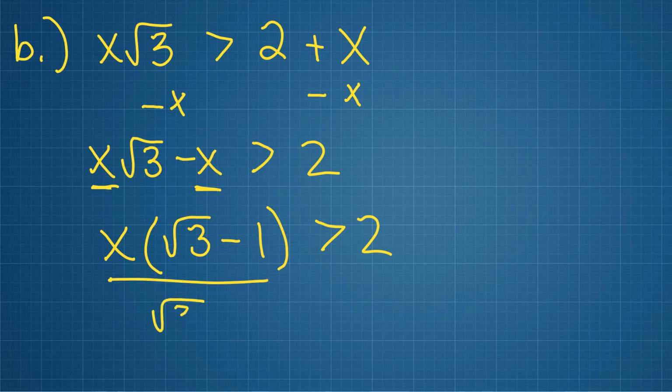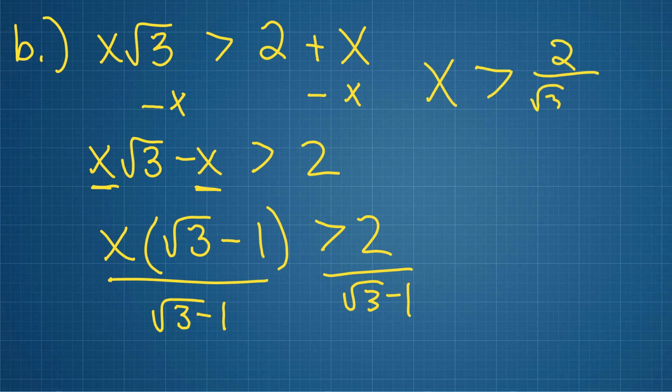Now I'm going to divide everything by radical 3 minus 1. And I get x is greater than 2 over radical 3 minus 1. Now I'm going to multiply both the top and the bottom of my answer by the conjugate, radical 3 plus 1 over radical 3 plus 1.